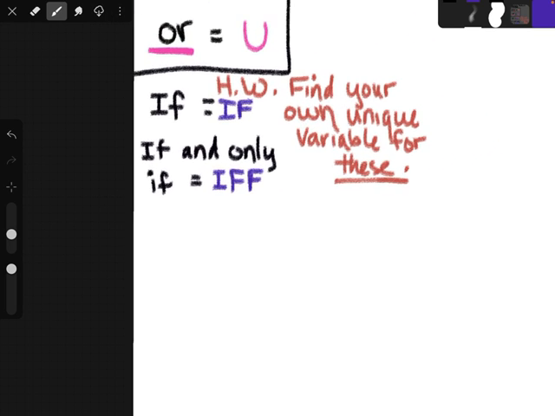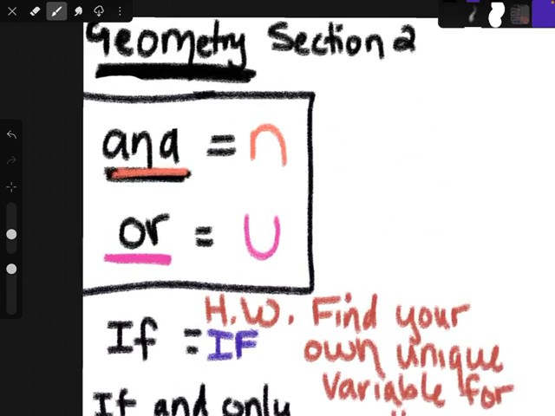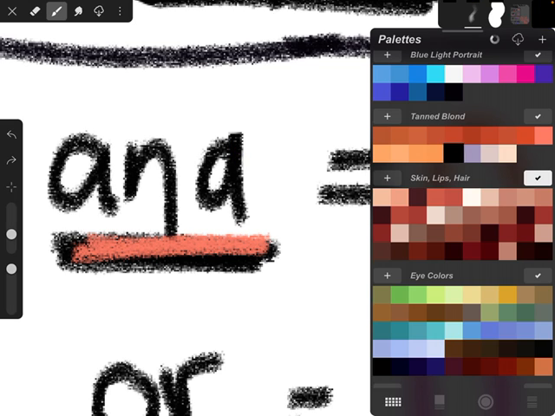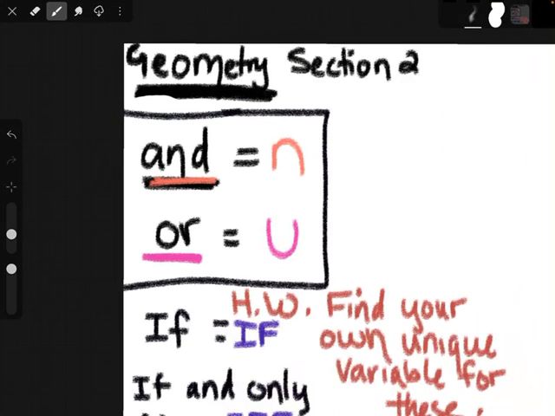So that's homework. Cool. And I want to further elaborate on something. I'm just correcting my drawings here. I want you to know that "and," which is this mathematical variable, because we're not going to just spell out all of math, right?